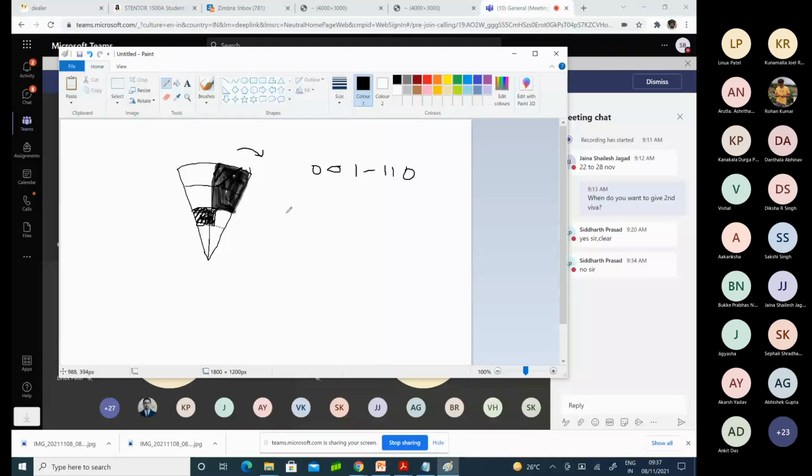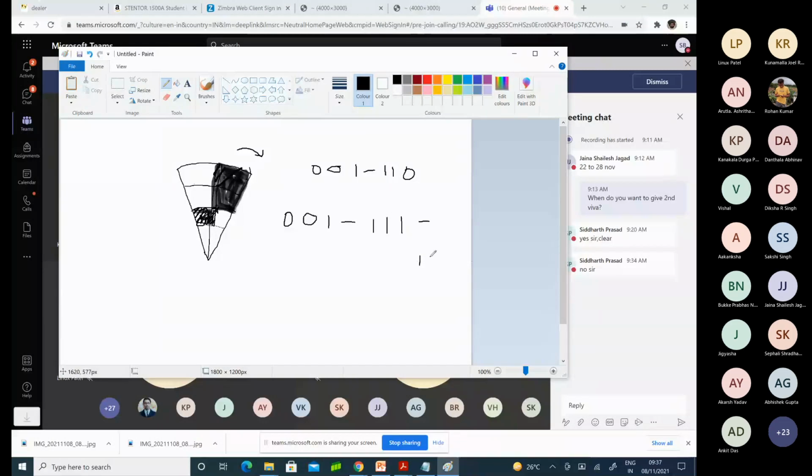First we have 0 0 1, definitely using the binary. Then think about this portion, this slice. Here we have all three dark, so we get 1 1 1, then 1 1 0, then 0 0 1, and then 1 1 0.